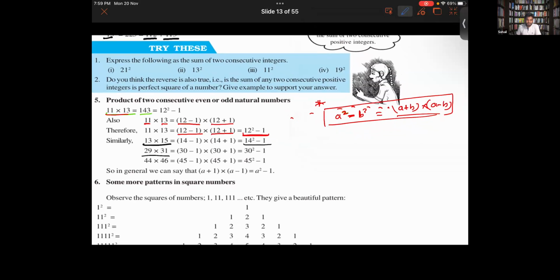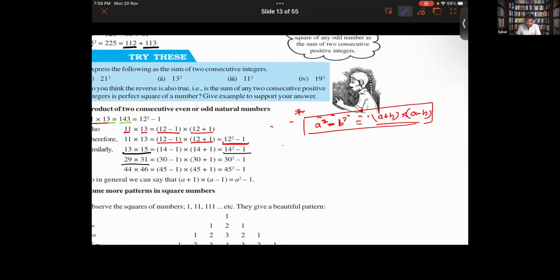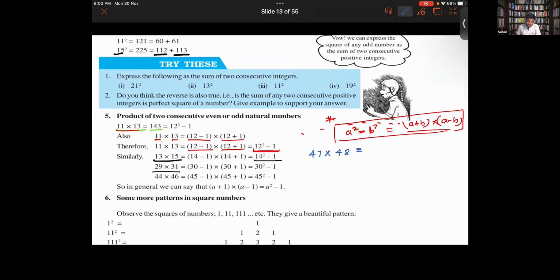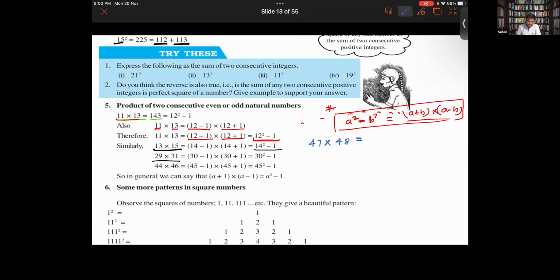So I'm giving one more question. 44 multiplied 46, let's say. ठीक है? So they are not two odd numbers, right? हाँ अभी जो हमने examples देखे ना, for 11 multiplied 13, then 13 multiplied 15, all were examples of odd numbers. 29 multiplied 31 also.